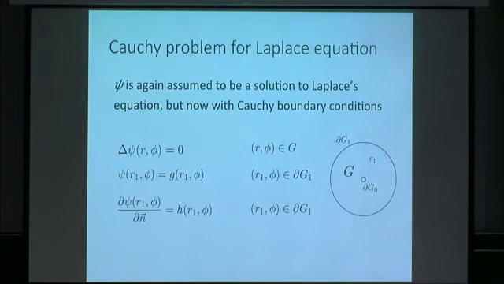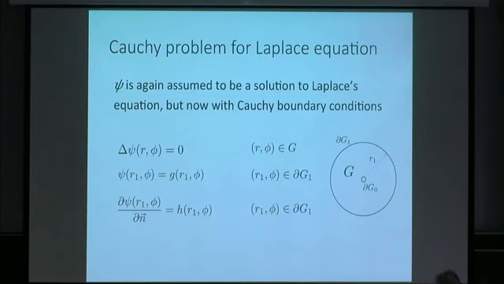But we'll add the new Neumann boundary condition here now, where the first derivative of concentration in the direction normal to the outer boundary, which is the n vector, which would of course just be the radial direction for a circle, but more generally it's in the normal direction, is given by some function h for all points in the outer edge.